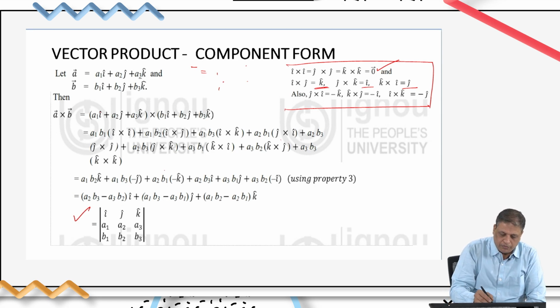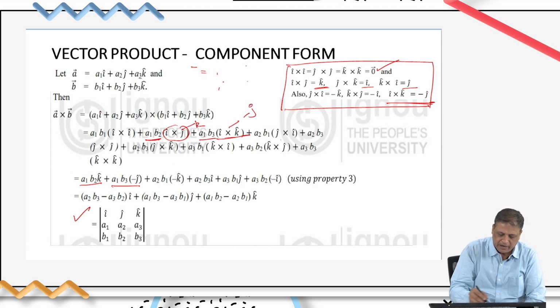Because if substituting these values, I cross j is equal to k, so you are finding A1 B2 into k. Similarly, I cross k is minus j, so the A1 B3 minus j.